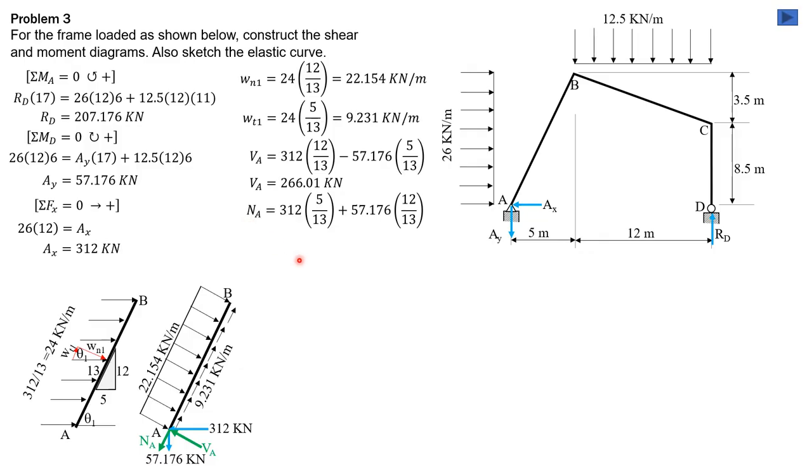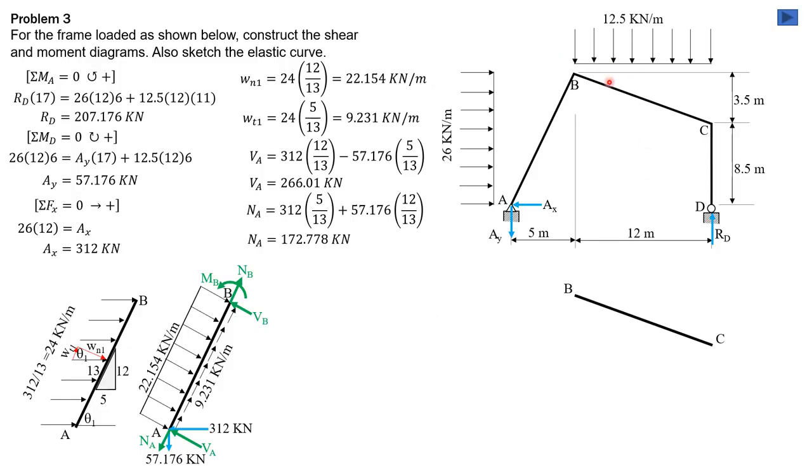So NA is equal to 172.778 kilonewtons. Then we have at B, NB, then shear at B, let's say in that direction, and moment at B, let's say counterclockwise, because we anticipated the value.